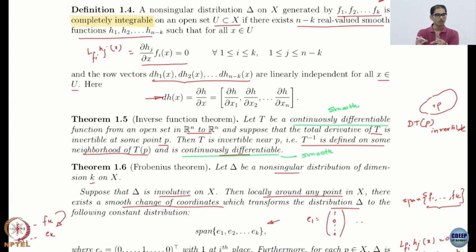How did I verify something is a diffeomorphism? I took its Jacobian, and the Jacobian has to be invertible. So this is where all that comes from: if the Jacobian is invertible, that is dT is invertible at a particular point, then there exists a neighborhood around p in which the entire function is invertible, okay.